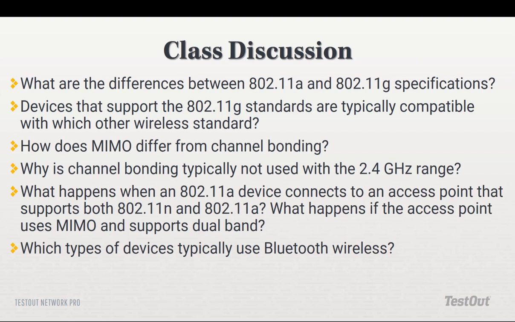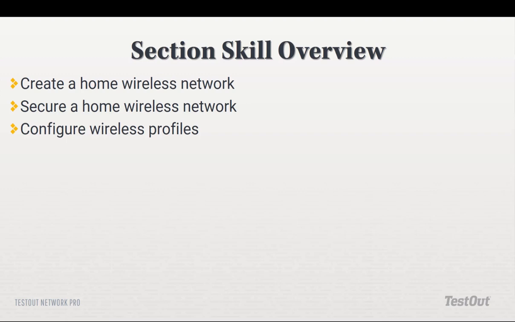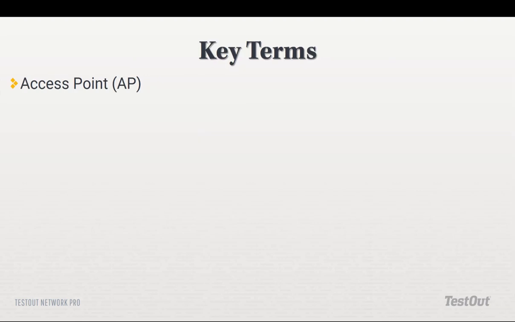And here is a discussion in here, and then we have the wireless configuration. So here we have a home wireless network. We want to create one, we want to secure one, and we want to configure the profiles. Profiles are really easy to configure.